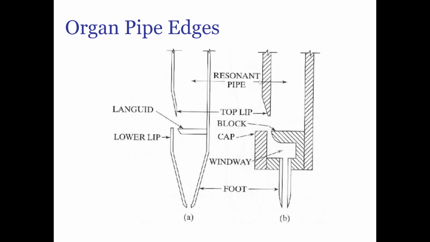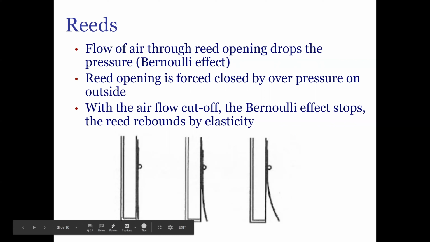So the first thing that happens is we get a flow of air through the reed opening, which drops the pressure. When you put pressure on, you can force that reed, which is normally in a closed position. If you look at a mouthpiece on a clarinet, the reed rests on the mouthpiece under normal conditions. Atmospheric pressure keeps it closed.